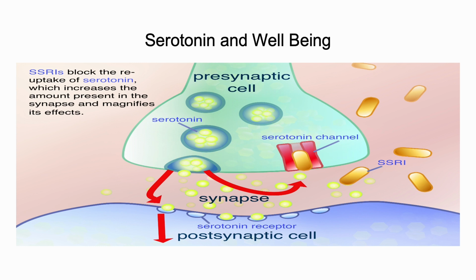Also, selective serotonin reuptake inhibitors have lots of side effects. Your body also doesn't like it, and over time you build up a tolerance. For example, you start on 20 milligrams of Prozac, you block the serotonin channel, it may work for a while, but over time it decreases its effectiveness. And guess what happens? You have to increase the dose.